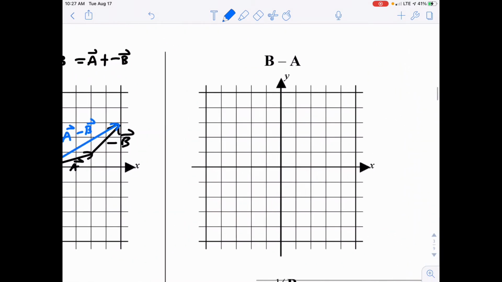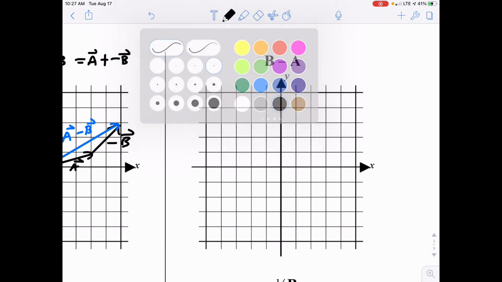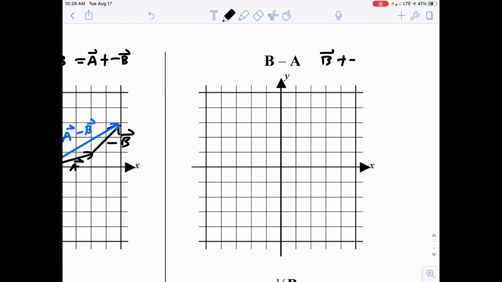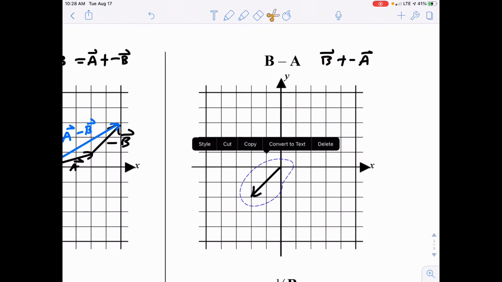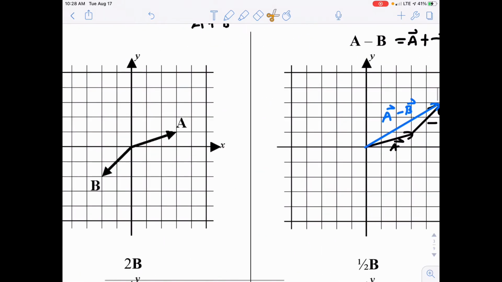Now, how do we do B minus A? Well, B minus A is going to be vector B plus the negative of vector A. So vector B goes down and to the left, excuse me, like that, 2 over 2 down. Now, A goes up and to the right, but negative A would go down and to the left. It'd have the same magnitude, but it'd be pointing down and to the left.